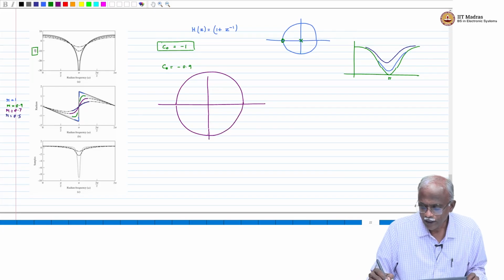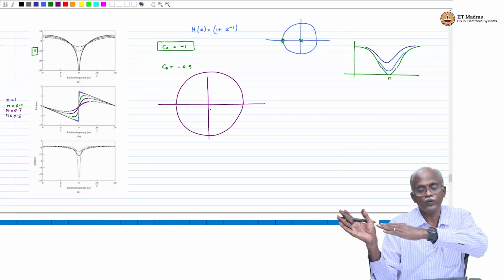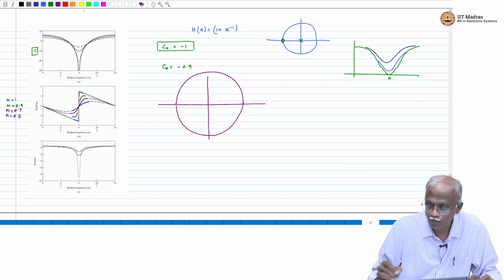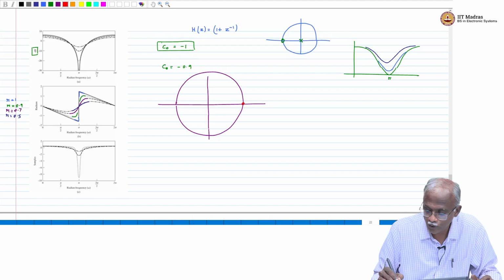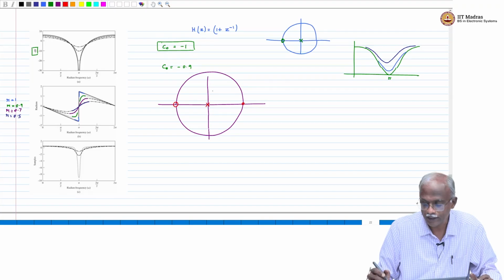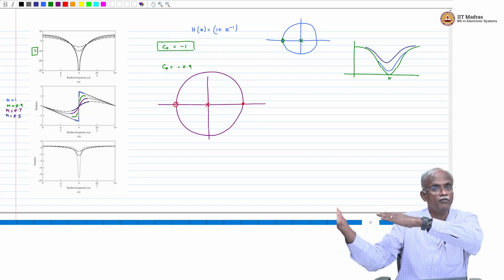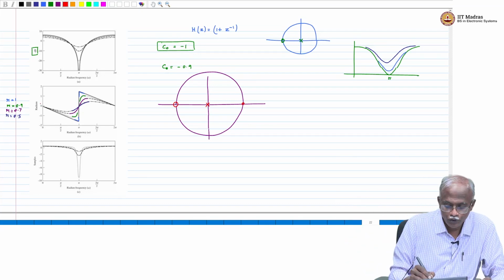When you start at omega equal to 0, the direction is the same for both. Remember, the 0 is located here, the pole is located here. Both of them are pointing in the same direction, the phasors. The difference of them will be 0, so your starting point is at 0.